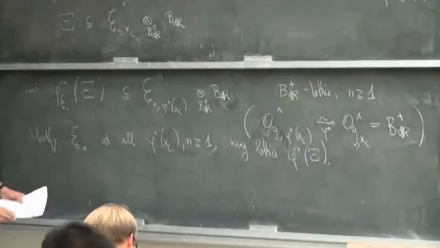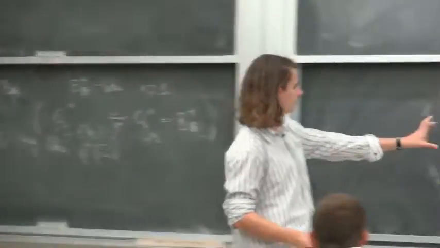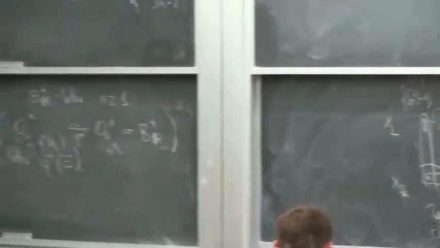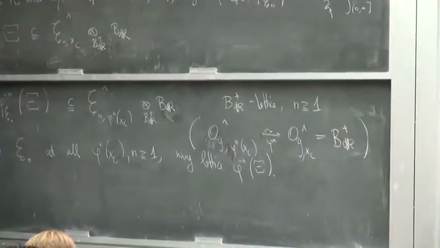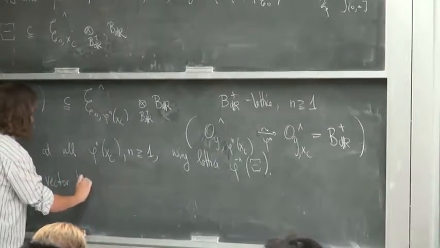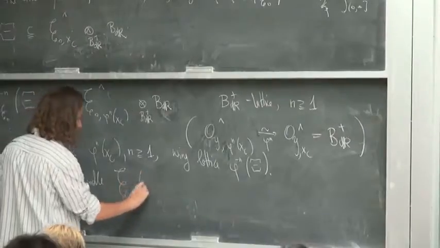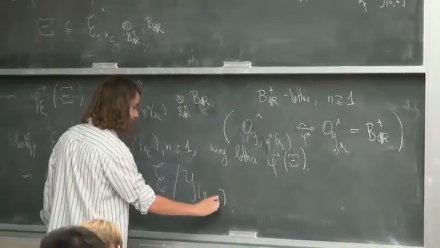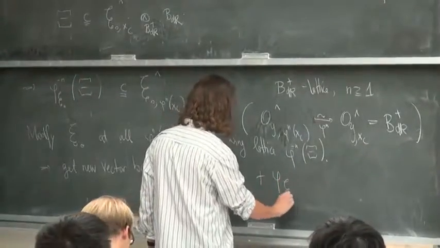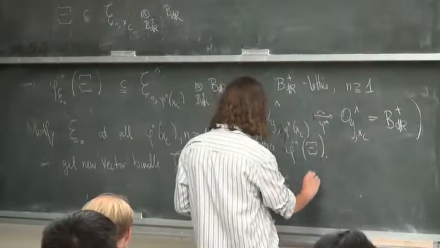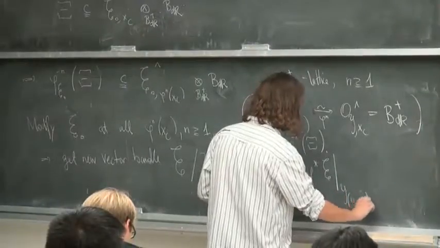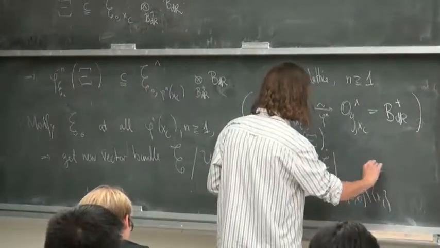And so, although there are infinitely many modifications, really on any affinoid subset there's only finitely many modifications happening, so that's fine. And so this way we get a new vector bundle E over this whole thing, together with now an automorphism phi_E between the pullback restricted to Y of 0 to infinity. But exactly at this point xc it will now have a pole.